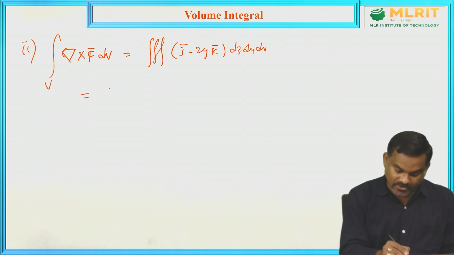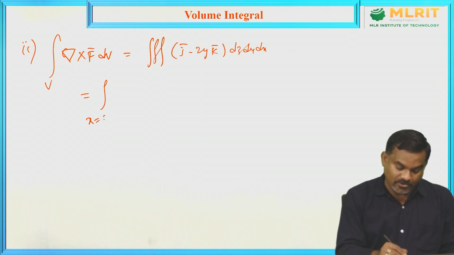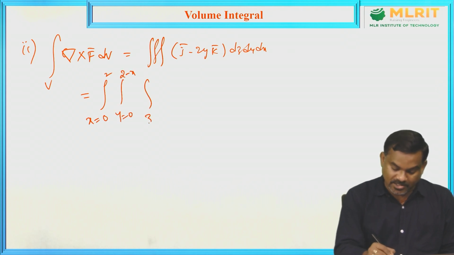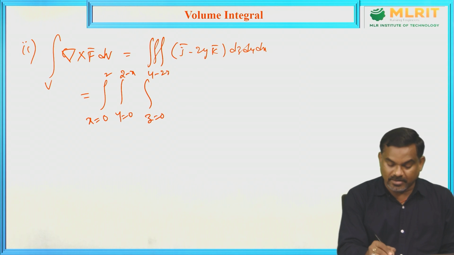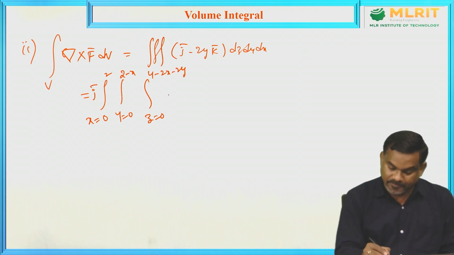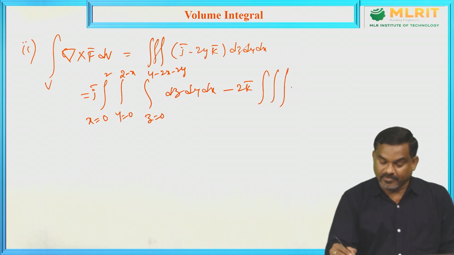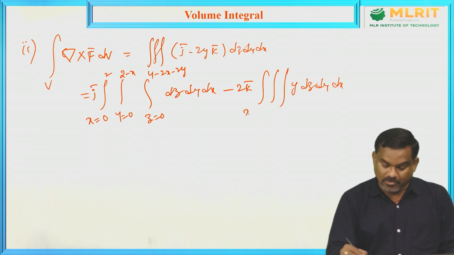Here again the limits are x from 0 to 2, y from 0 to 2 minus x, and z from 0 to 4 minus 2x minus 2y. The first one is j bar into dz dy dx, minus 2k bar into y dz dy dx. So we need to integrate with respect to x, y and z one by one.